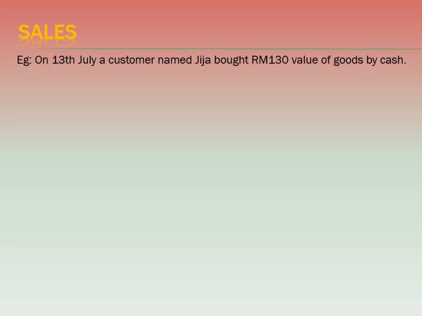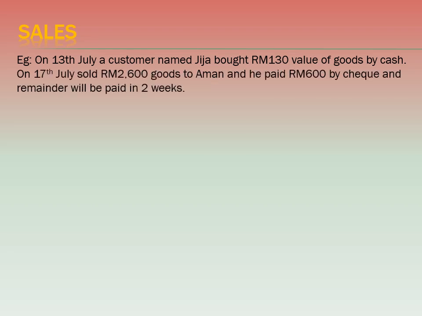Next, the sales transactions. For example, on the 30th of July, a customer named Chicha bought 130 ringgit value of goods by cash, which means Chicha paid by cash. Okay, the next example is on July 17, the goods were sold to Arman, 2,600 ringgit, and he paid 600 ringgit by check.